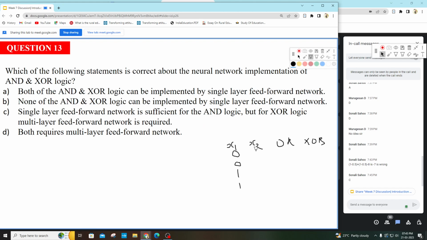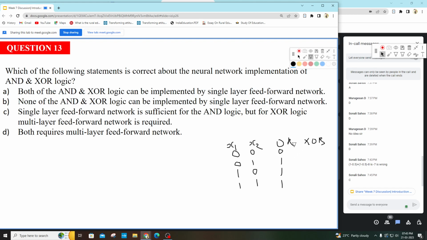So again 0 0 1 1 and 0 1 0 1. Okay, these are your inputs, right? And in OR, your output will be 0 when both the inputs are 0, otherwise your output will be 1. So this is 0, 1, 1, 1.